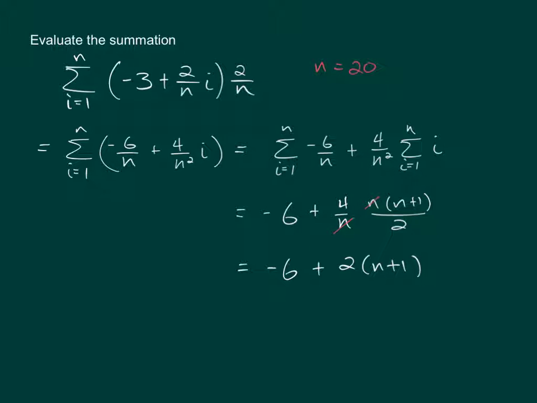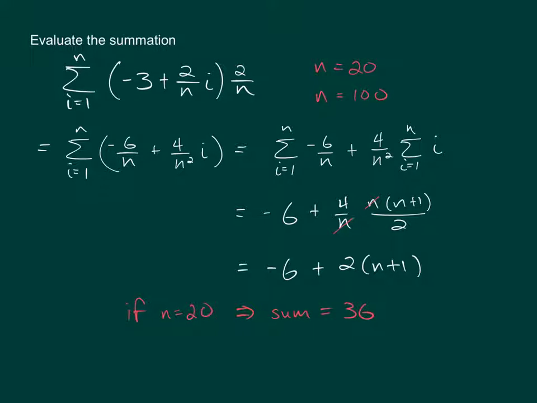You'll get some answer like, if n is 20, then the sum equals 36. And then I could come along and say, hey, well, that's great. What happens when n is 100?